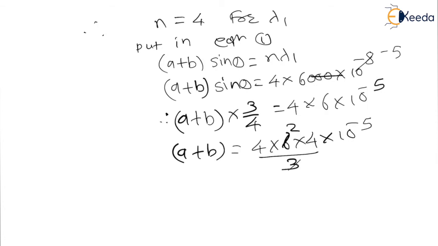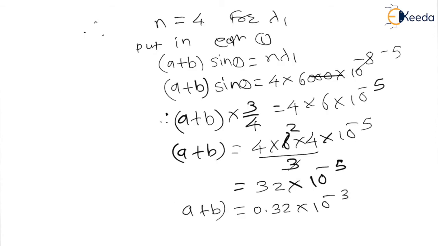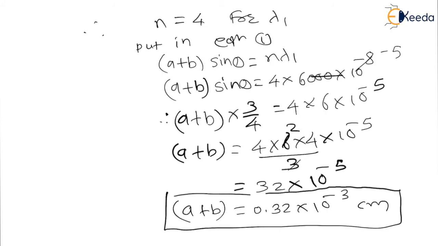So 3 2s are 6, 2 4s are 8, 8 4s are 32 into 10 raised to minus 5. You can say 0.32 into 10 raised to minus 3 is your a plus b in centimeters, right?